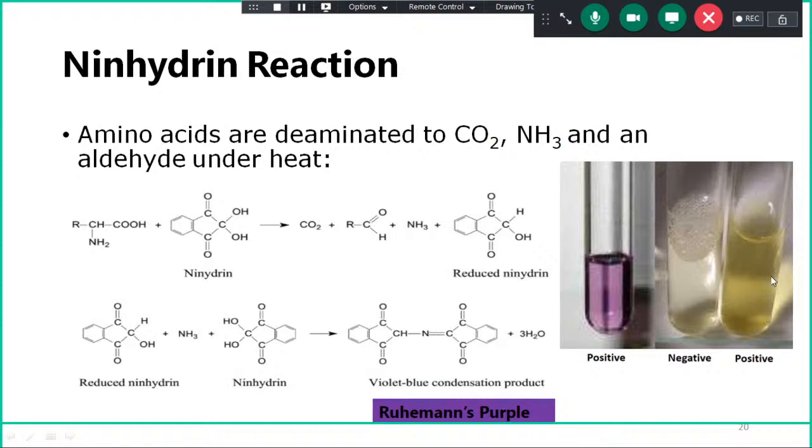This yellow color is also positive, which is given by proline. We add acetic acid because it will acidify the medium, and if the turbidity or the white color is because of phosphate, that will disappear, because phosphate will only precipitate in alkaline medium and it will disappear in acidic medium.